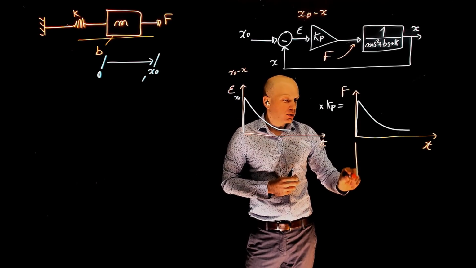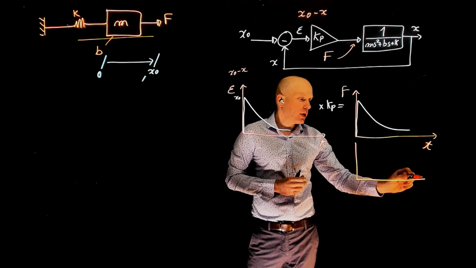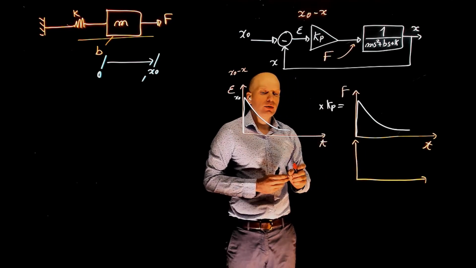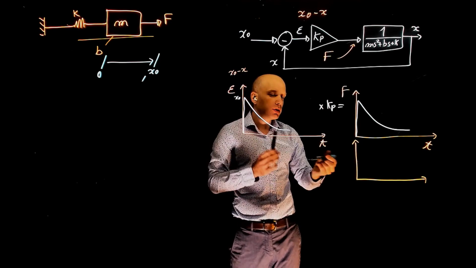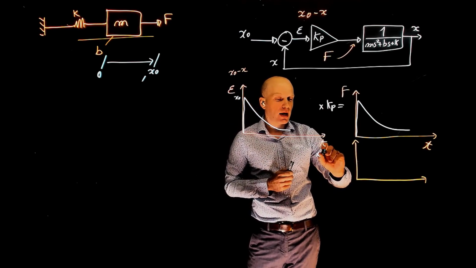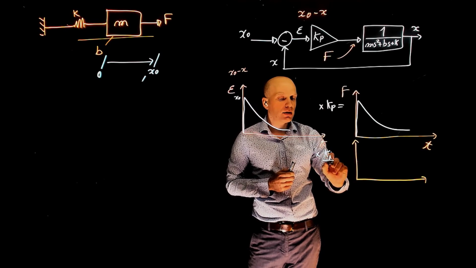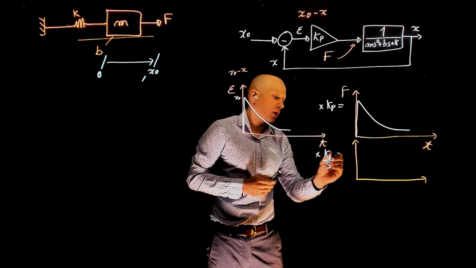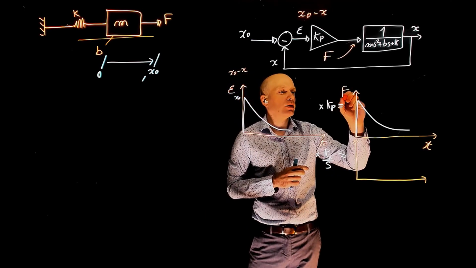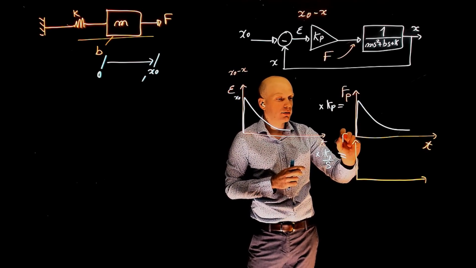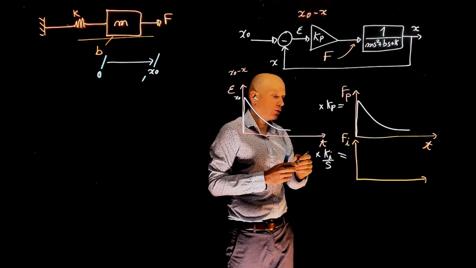So now the integral controller will look at the integral of the error. So now take the error, multiply that by Kp, and you're now also taking the error, multiplying that by Ki, and integrating it and plotting it here. So this is now the force from the proportional controller. This is now the force from the integral controller.